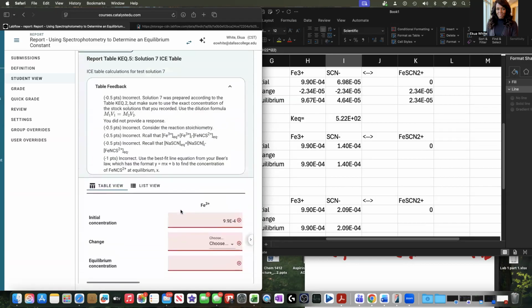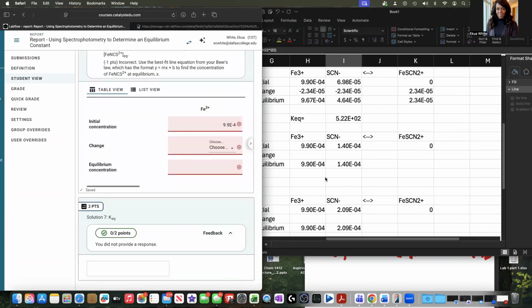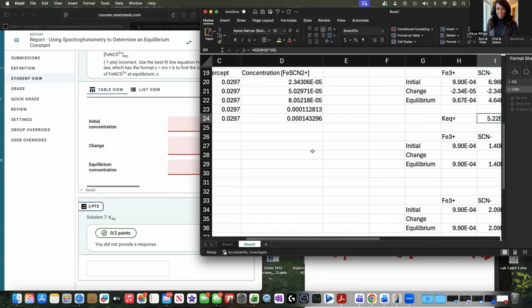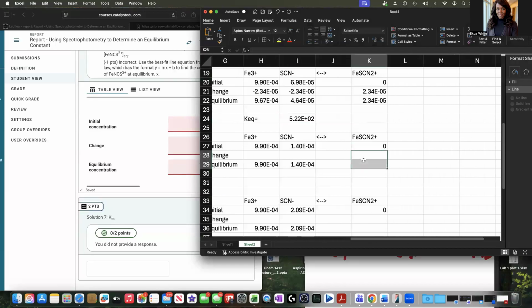Now we're moving on to 7. This is 7. Let's start from the left. Okay, so with 7, I need to know what the amount of iron thiocyanate is. Let me go back to my left. It's been a minute. Oh, the amount here will be 5.02. Okay, I have it here. 5.0297 exponent -5.